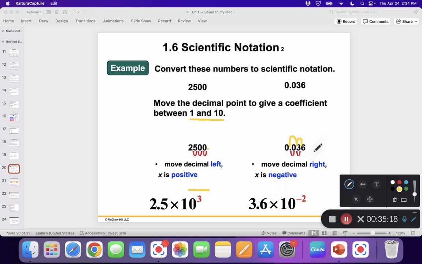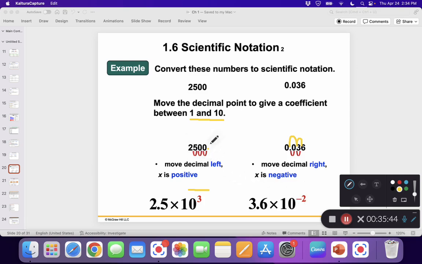And then the rest is looking at the power, whether it will be positive or negative. If you move the decimal to the right, the power will be negative. If you move the decimal to the left, the power will be positive. If that is confusing, then tell yourself that if a number is smaller than 1, you will have a negative exponent.